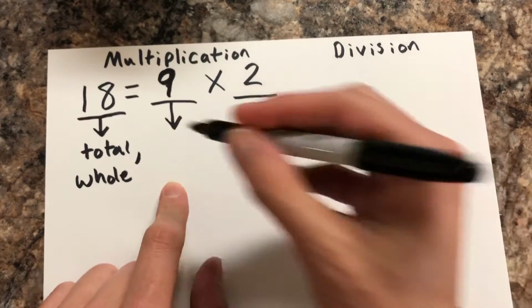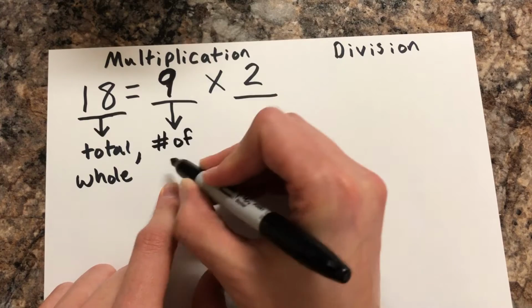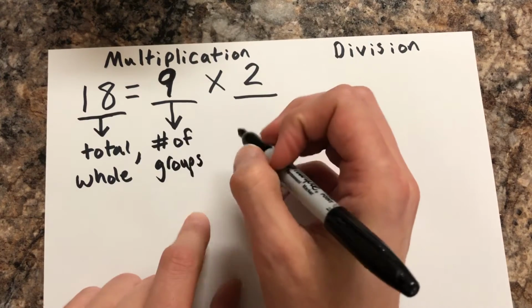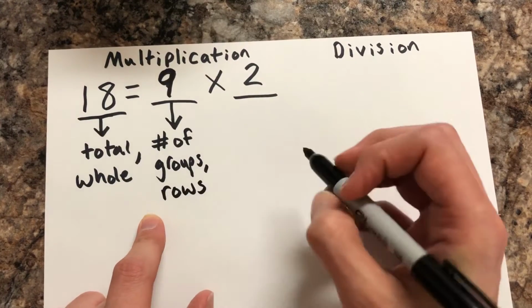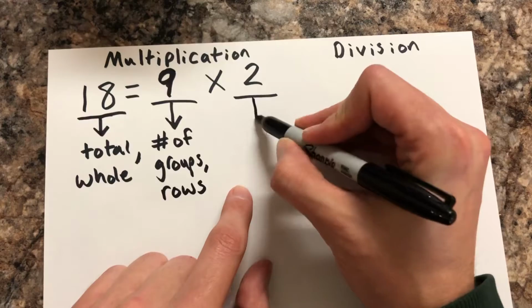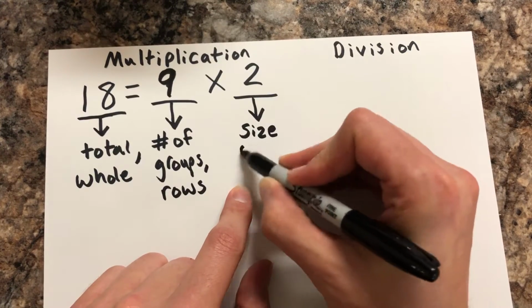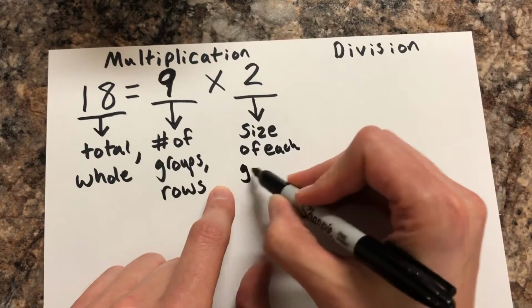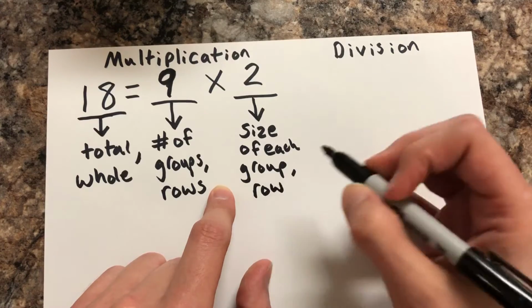This first factor tells me the number of groups, or that also could be the number of rows. And then this factor tells me the size of each group or row.